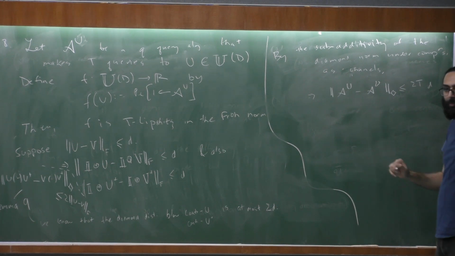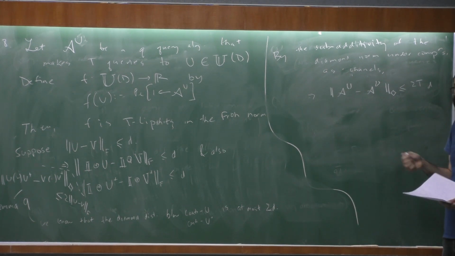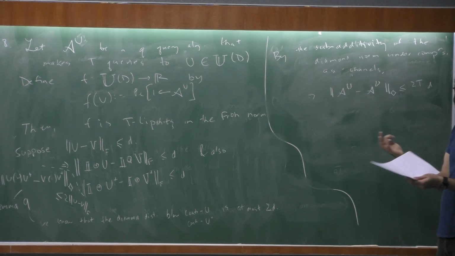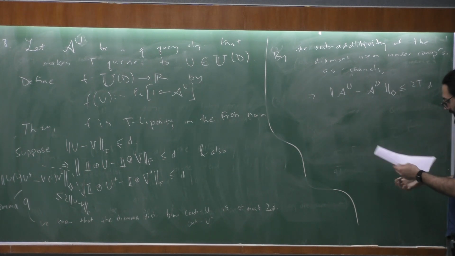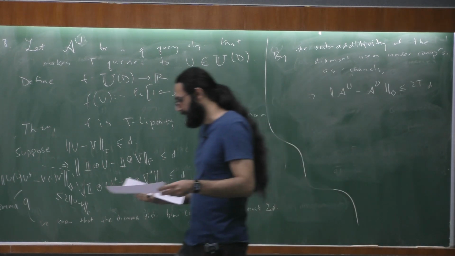Because the algorithms are making t many queries, and that is essentially best seen as a composition of t many unitaries, and the diamond distance is subadditive, so you get t times the distance.